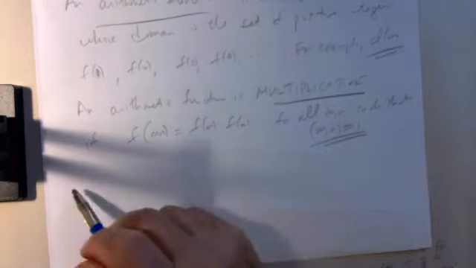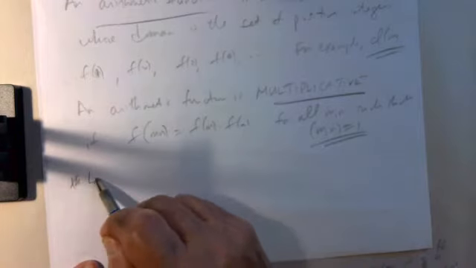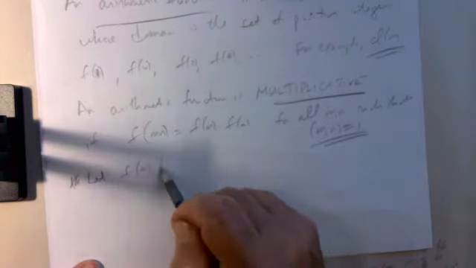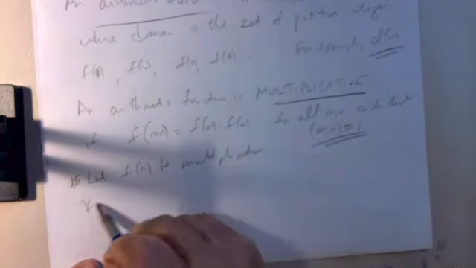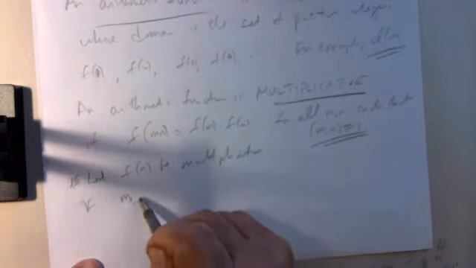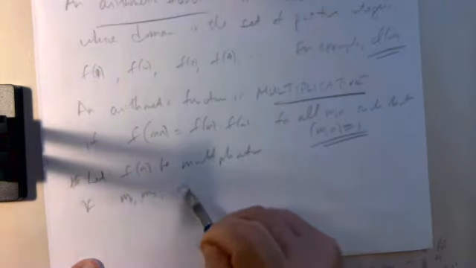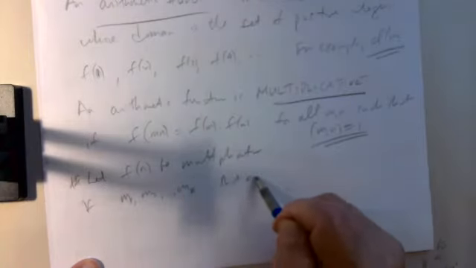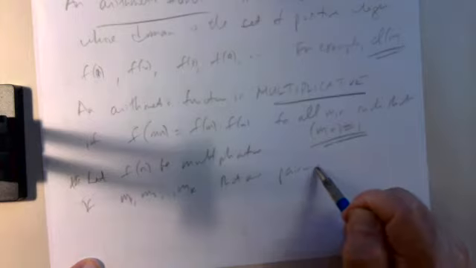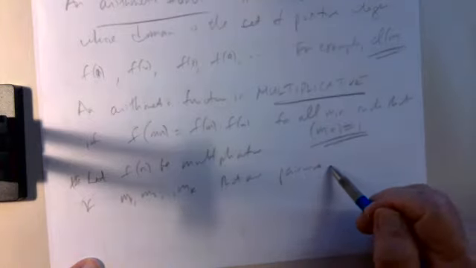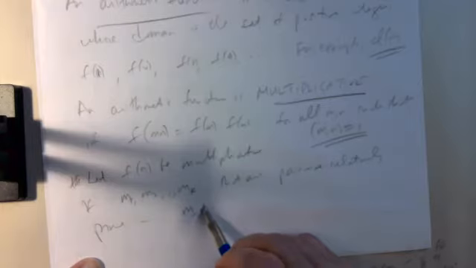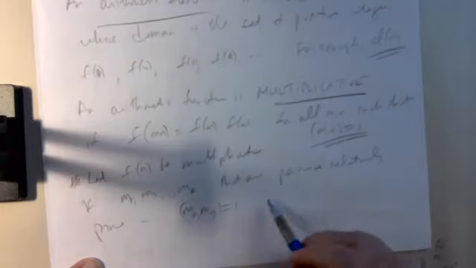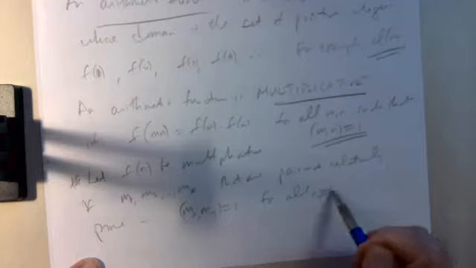And as a corollary of this, if f of n is multiplicative and you have a set of positive integers m1, m2, and so on, that are pairwise relatively prime, that means that if you take any two of them, mi and mj, the greatest common divisor is 1 for all i different from j.